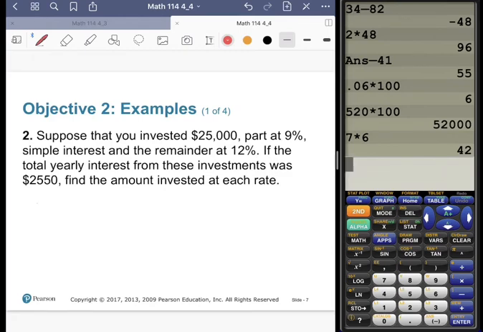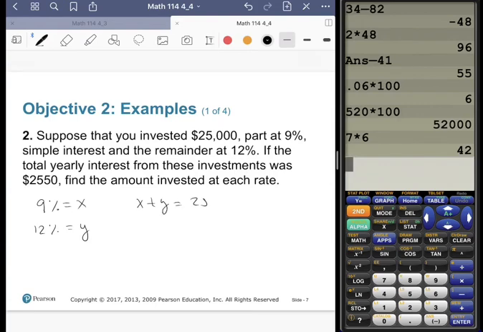Again, I'm going to let 9% be represented by an x and 12% be represented by a y. It's exactly the same problem.